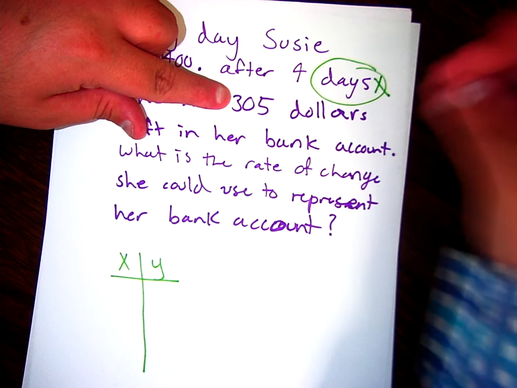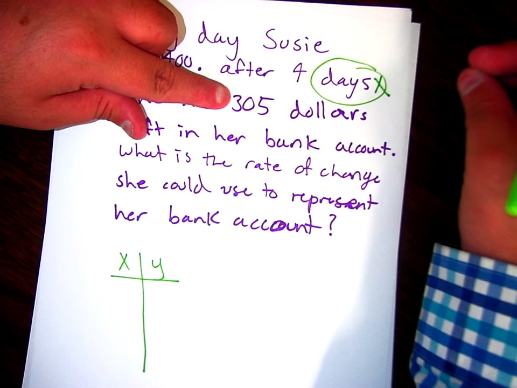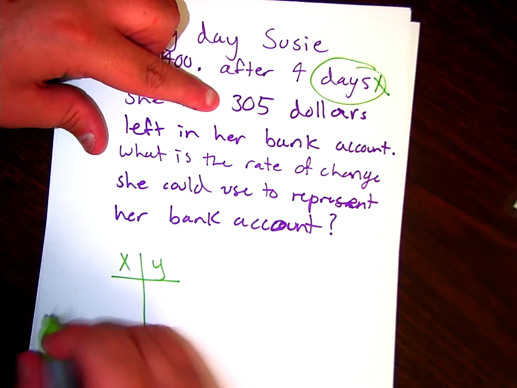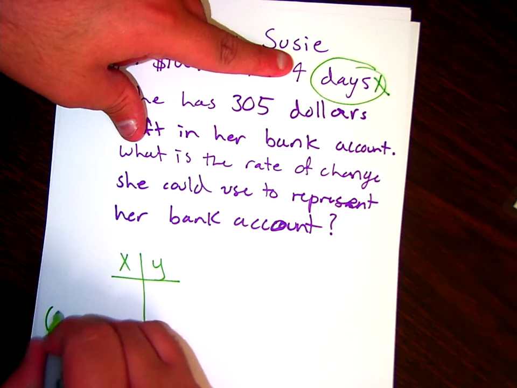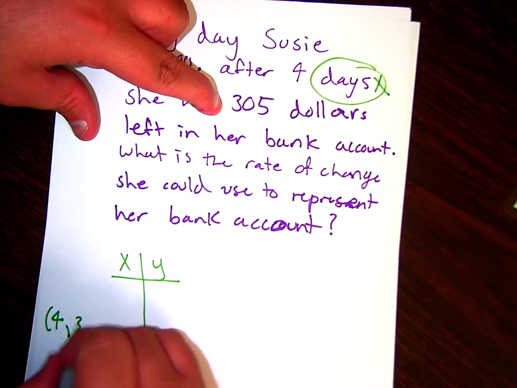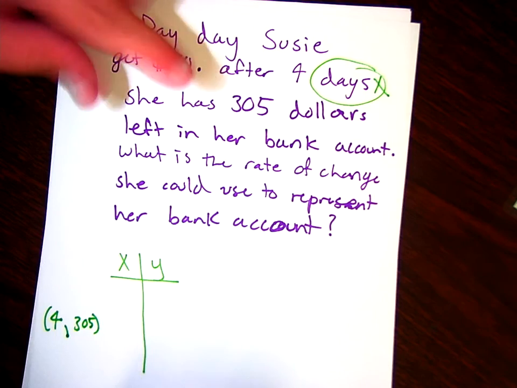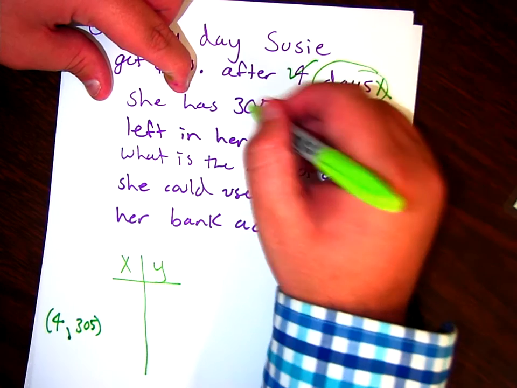That's always going to be your independent. And so, here's a really obvious point. After 4 days, so there's your X, you have how much money? $305. There's a point.